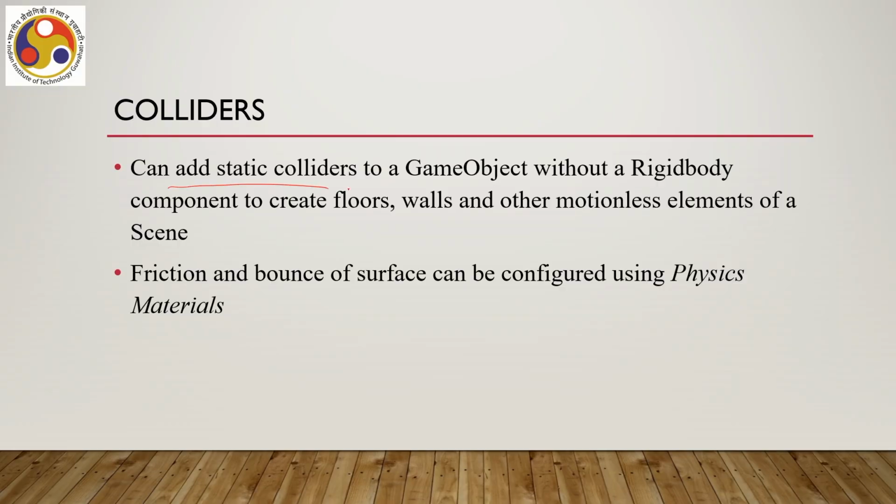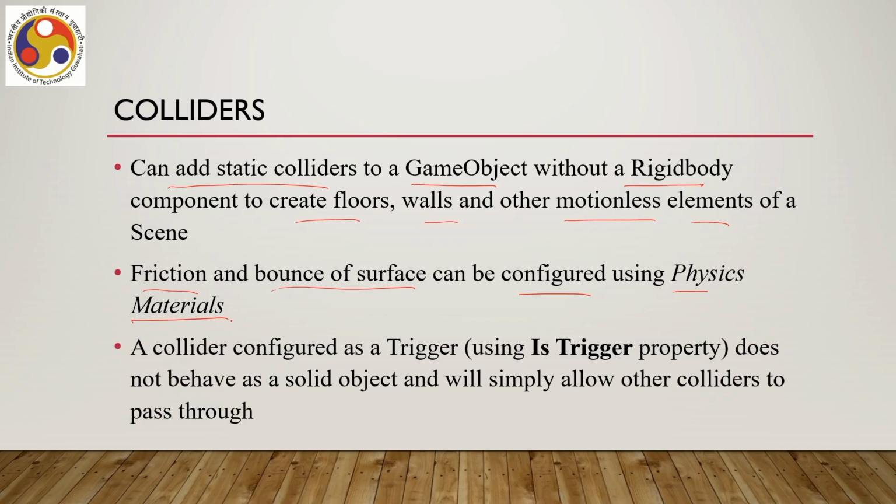We can add static colliders to a game object without a rigid body component to create floors, walls and other motionless elements of a scene. Friction and bounce of a surface can be configured using physics materials. A collider configured as a trigger using the isTrigger property does not behave as a solid object and will simply allow other colliders to pass through.